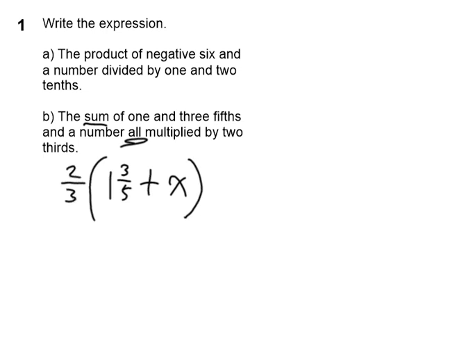We're going to put that 2/3 into the bracket. And of course, that means we're going to use distributive property to multiply that entire term by 1 and 2/3. Okay, so that is the best expression that you could use for the sum of 1 and 3/5 and a number, all multiplied by 2/3. Now, if you didn't have that, make a note of that because that is the best way of writing it.